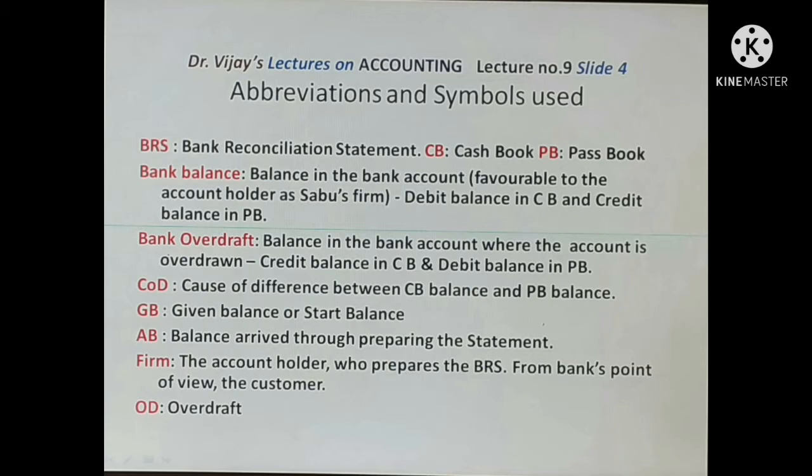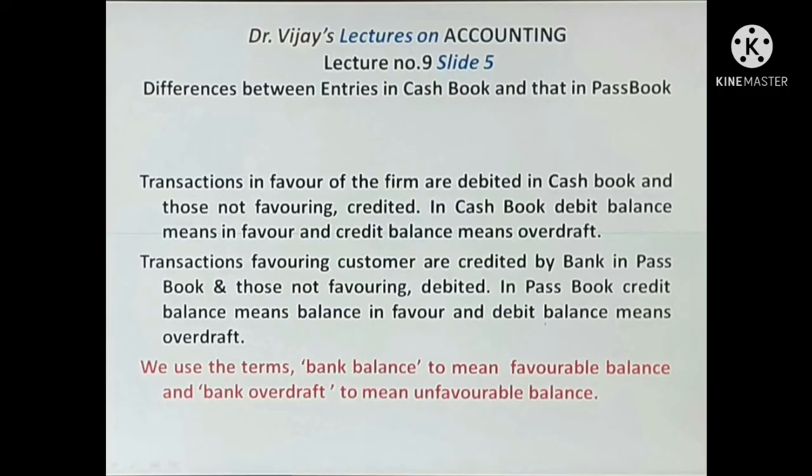AB, arrived balance, the balance arrived through preparing the statement. Firm, the account holder who prepares the statement. From the bank's point of view, it is customer. OD, overdraft.